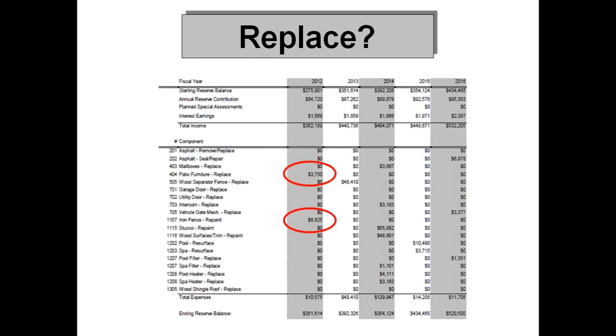Here's an actual schedule of reserve expenditures from a reserve study. This one is shown with the years in columns from left to right across the page, and I've circled the 2 projects that are scheduled to occur in the initial year. They have a 0 remaining useful life. So the question is, does the association jump and get those projects done?